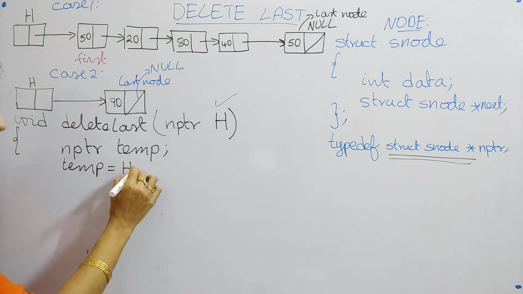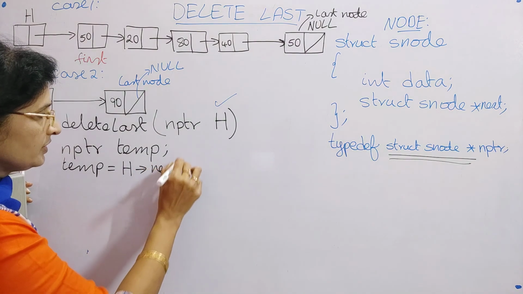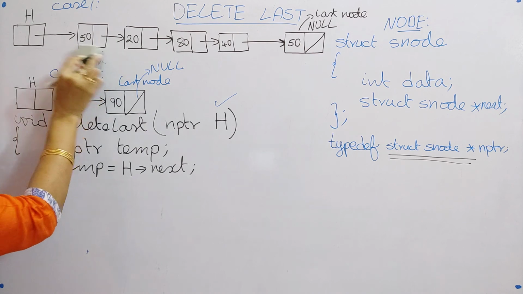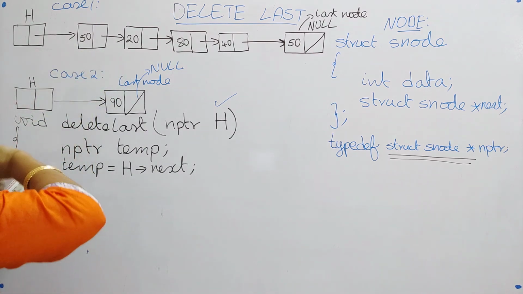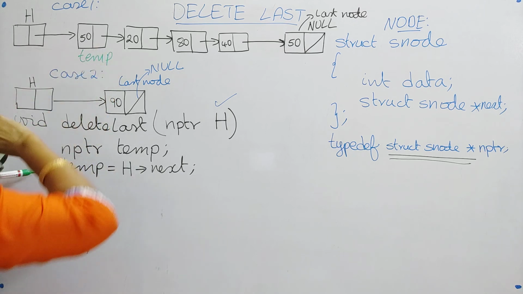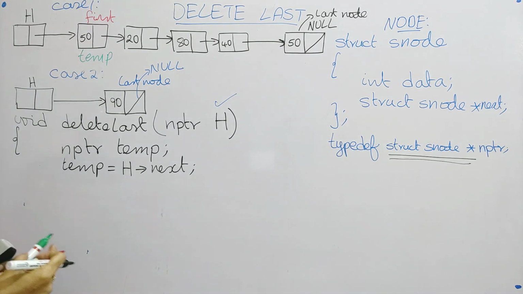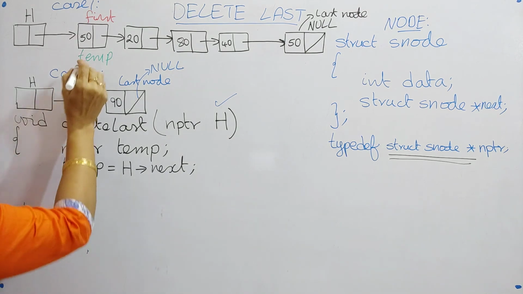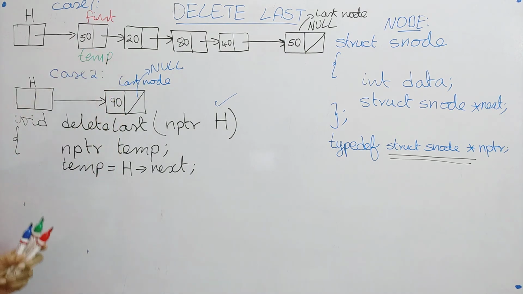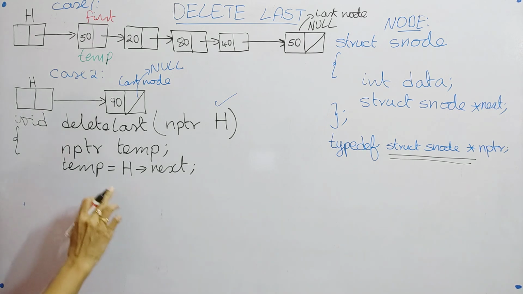So I am starting at h next. That means temp will be here, at the first node. My temporary is given the first node address, so temp is available at the first node. For example, if the list is empty, then what will be the value of temp? It will be null.